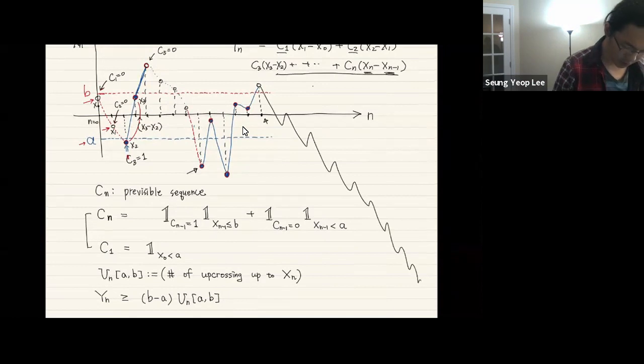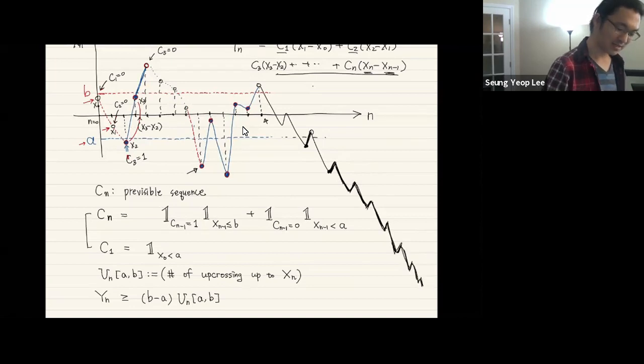So what if it goes below somewhere here? Then you have to buy it here, sell it here, and buy it here. And then everything from here to here is also our earning, which is negative.